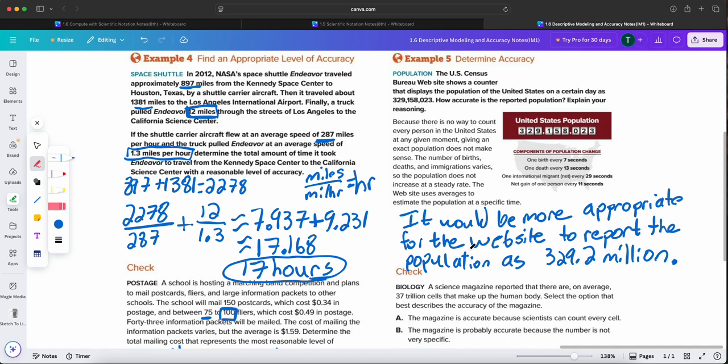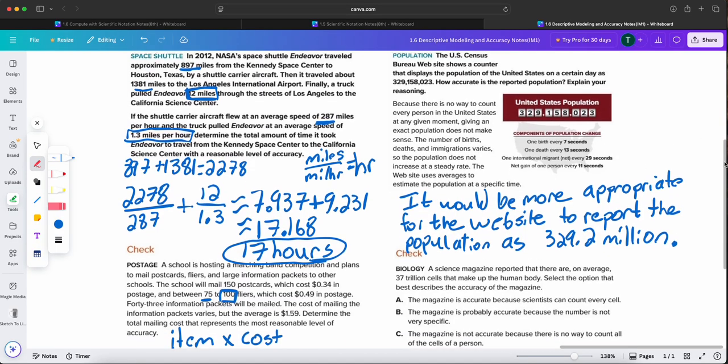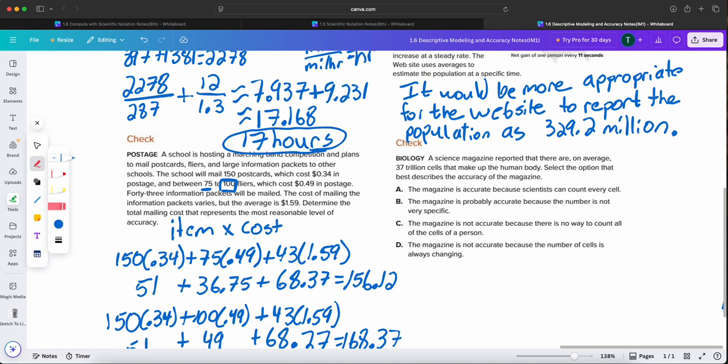So with this biology one, it wants us to say if this is accurate, if this is more reasonable to say. We don't want to go too specific, because we could not be correct. Here it says a Science magazine reported that there are, on average, 37 trillion cells that make up the human body. Select the option that best describes the accuracy of the magazine.